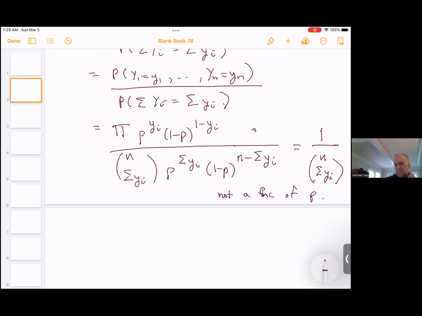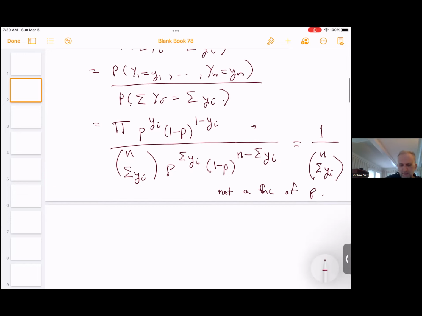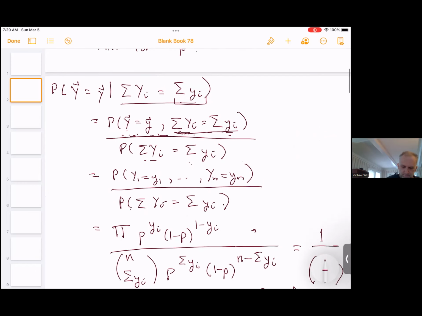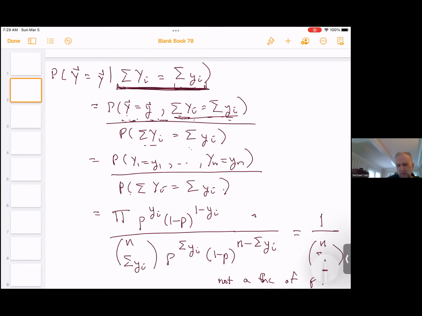In other words, if I know the sum of yi, I know how many of the observations were 1 versus 0, then I know the probability of y being any particular sequence.